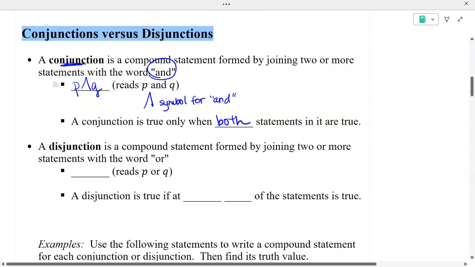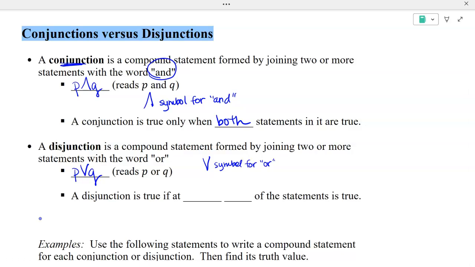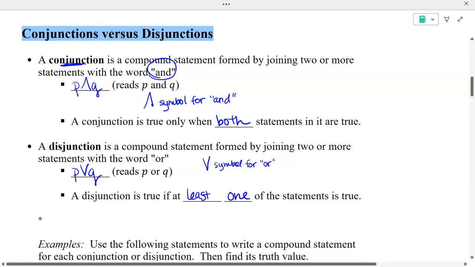So both the P statement and the Q statement would have to be true for the overall conjunction to be true. Now, when we talk about a disjunction, this is when we use the word or. And the symbol for or is like a V. So if we're given the words P or Q, the symbols that we would use would be P and then V, Q. Now, the difference between a conjunction and a disjunction is that a disjunction is going to be true if at least one of the statements is true.